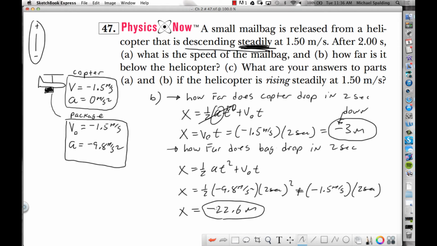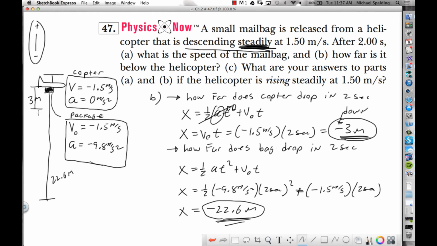So, how far apart will the helicopter and the package be? Well, the helicopter went down 3 meters. The package went down 22.6. You guys getting this? So look, the helicopter went down 3 meters. The package went down 22.6 meters.